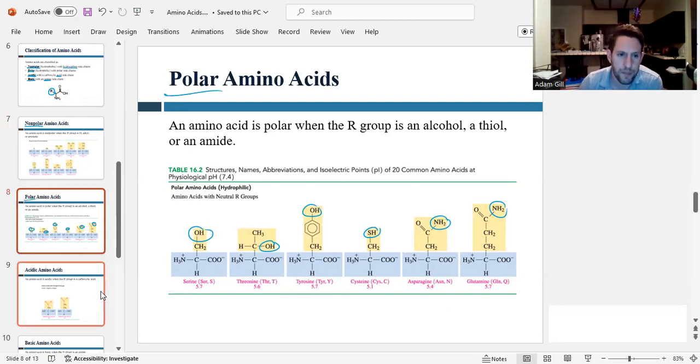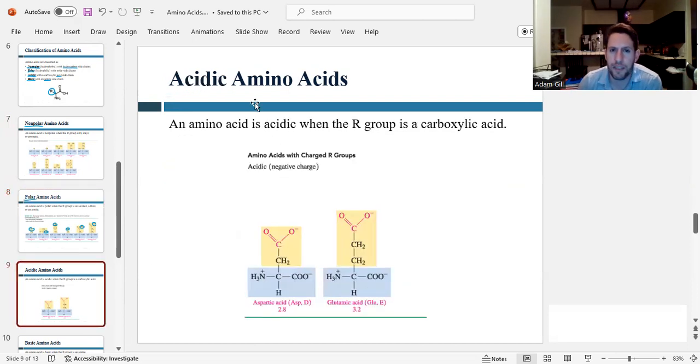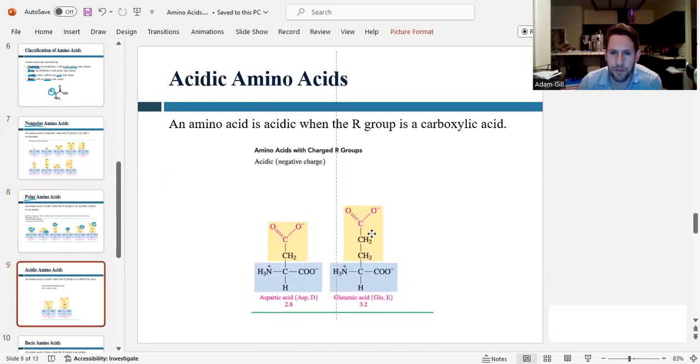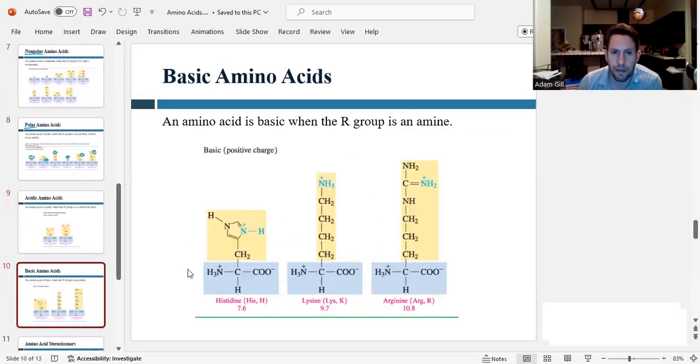The next group are the acidic amino acids. There's only two of them, aspartic acid and glutamic acid. And so they have a carboxylic acid group on the side. So they are acidic amino acids. And then the basic amino acids have an amine group on the side.